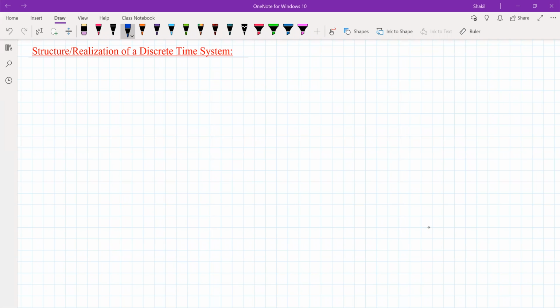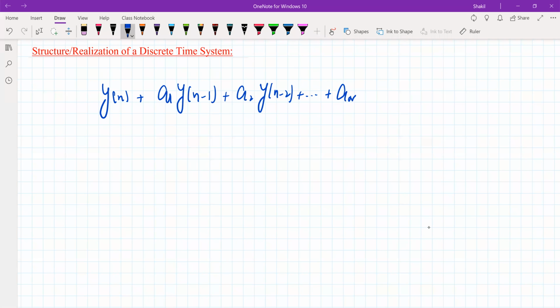So we know a digital system or a discrete time system is characterized or described by a difference equation that looks like this, equal to b naught, one.